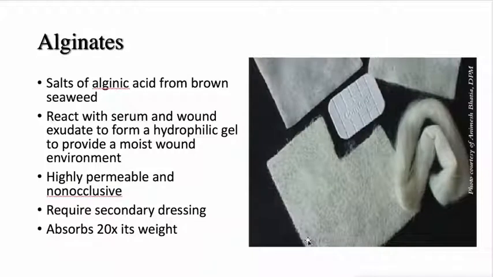Then there are alginates of different varieties. Those are from seaweed, and they react with serum and wound exudate to form a hydrophilic gel to provide a moist wound environment. They can actually absorb 20 times their weight, but they do need a secondary dressing.